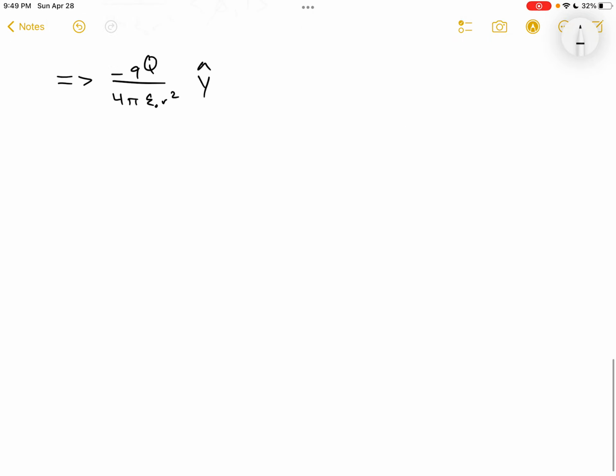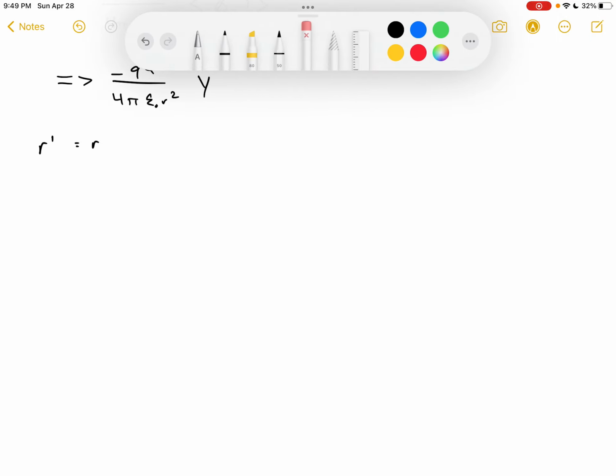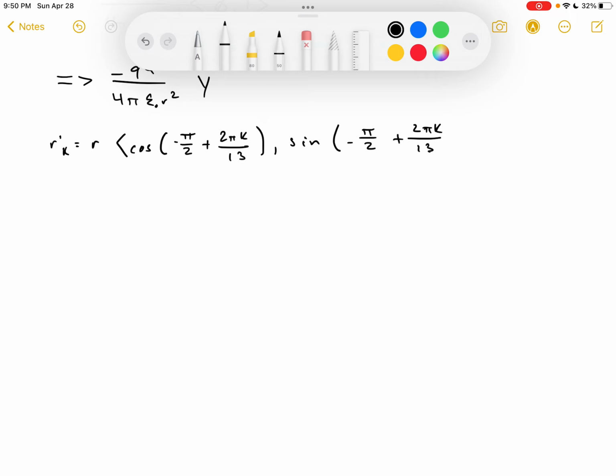That would give us a new position vector, which would be r sub k equals r times cosine of negative pi over 2 plus 2 pi k over 13, and then sine of negative pi over 2 plus 2 pi k over 13, where k is somewhere between 0 and 12.